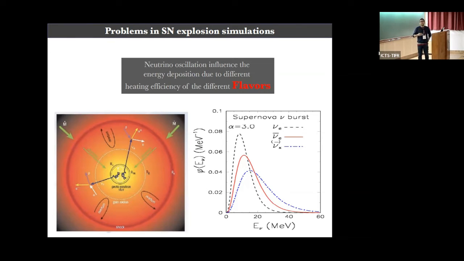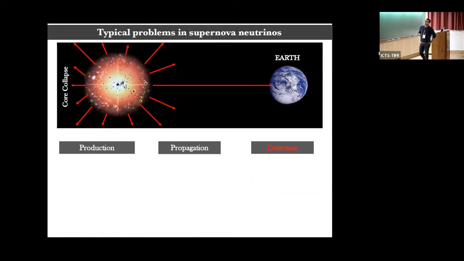Their interactions are different from nu x, and this can in general change the picture of this neutrino heating. So people have been trying for some time to understand if the neutrino oscillations inside the star can change or help this supernova explosion.